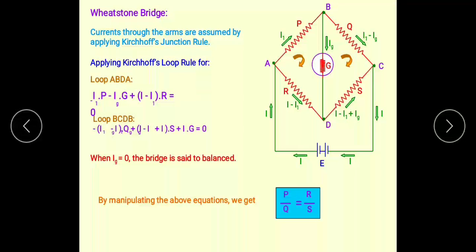So what is left here is I1 minus Ig. So the current flowing through resistance Q will be I1 minus Ig.